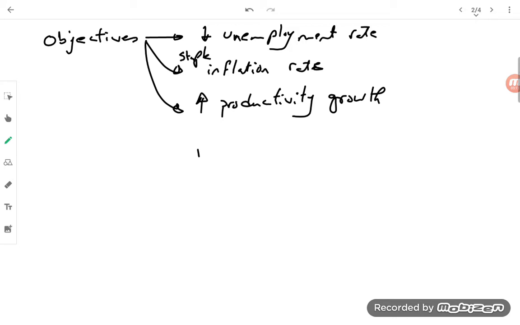So the main task of macroeconomics is to study the behavior of each of these concepts, why they matter to individuals, and what the government can do in order to improve economic performance or macroeconomic performance in terms of these three concepts.